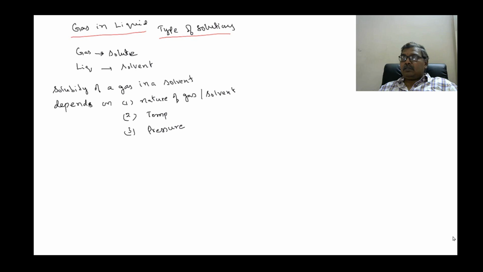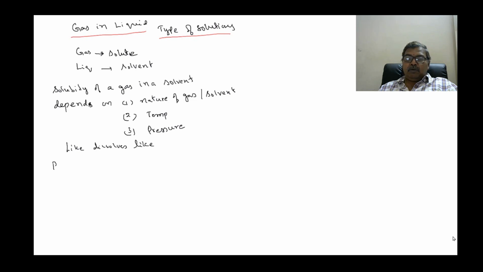If you take the first point, nature of the gas and solvent, there is a principle applicable for gas and liquid systems also, as for solid in liquid and liquid in liquid type of solutions. That is, like dissolves like.